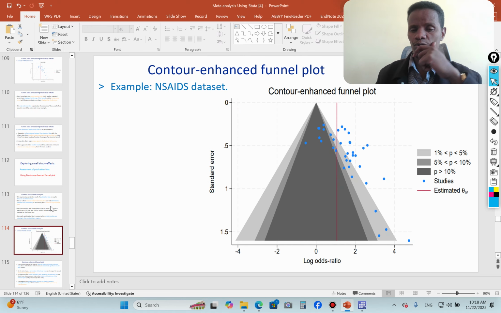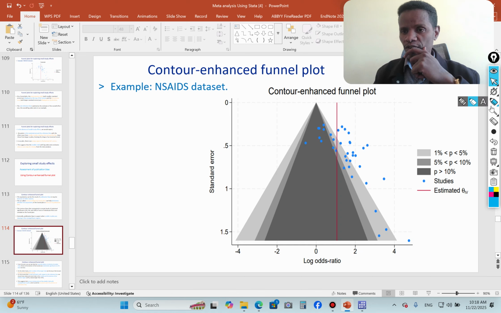Let me just show you this contour enhanced funnel plot. These are different levels of statistical significance. For example, this color is in between 1% and 5%, the second one is in between 5 and 10%, and the dark one is greater than 10% level of significance.